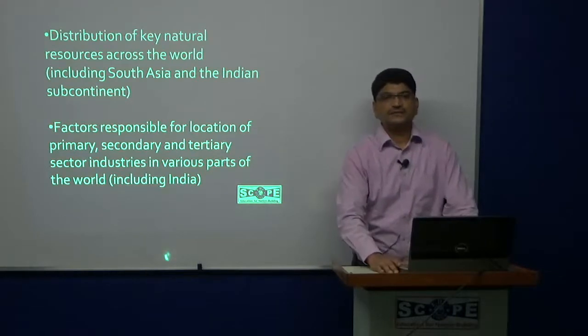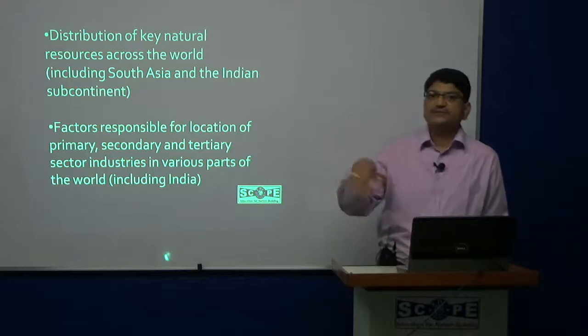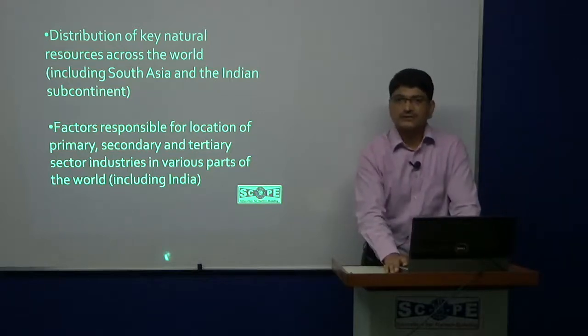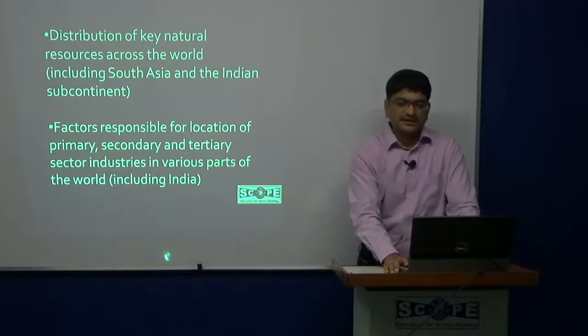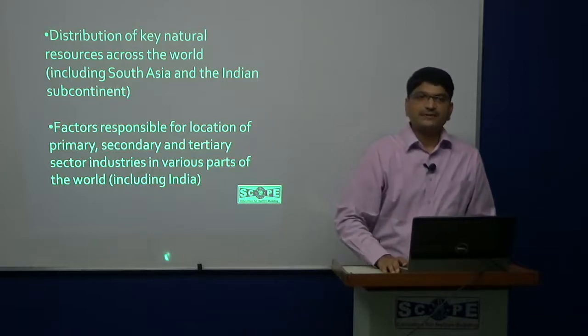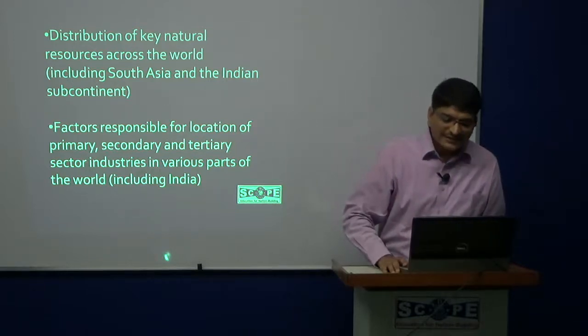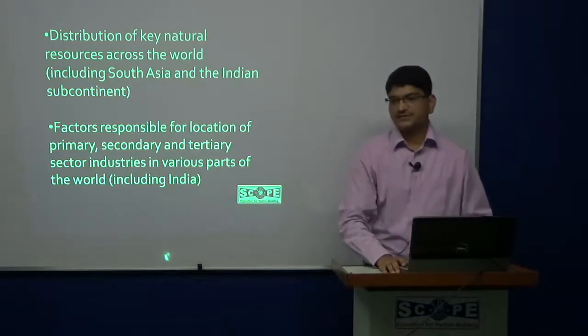Then UPSC has given in the syllabus key natural resources, which are spread in various parts of the world, particularly in the Indian subcontinent. Then why various industries, primary, secondary and tertiary, are located in various parts of the world, including India. So appreciation of the concepts here.